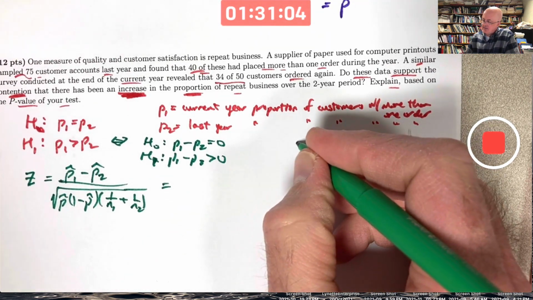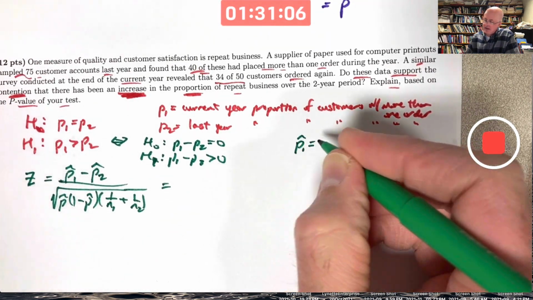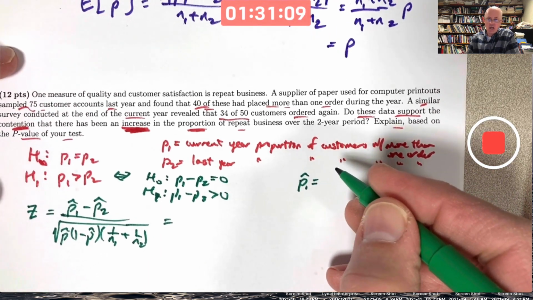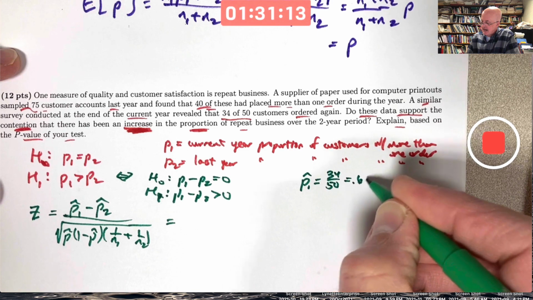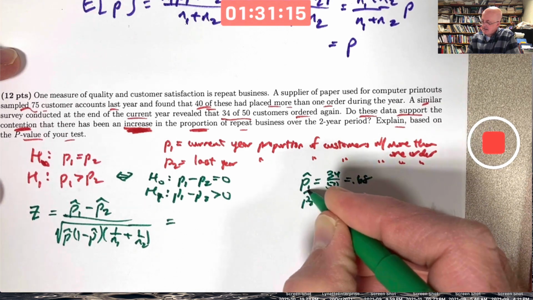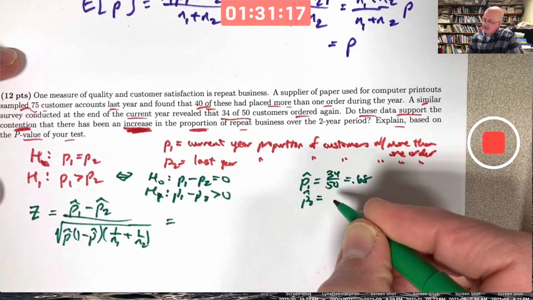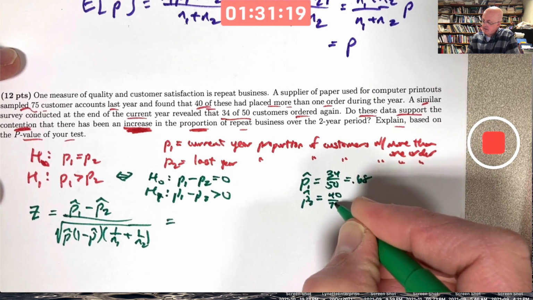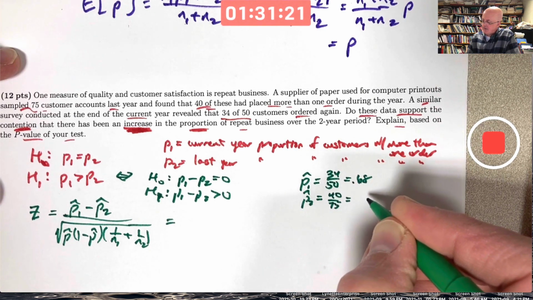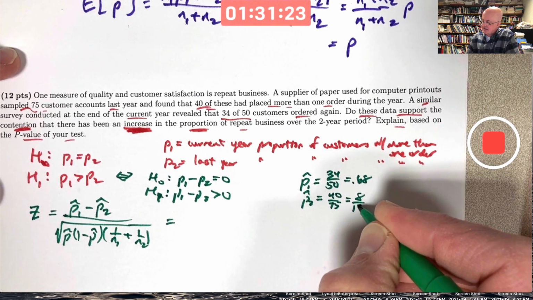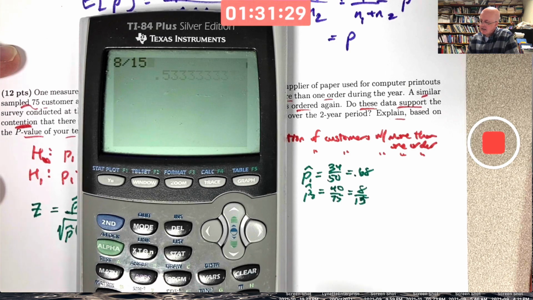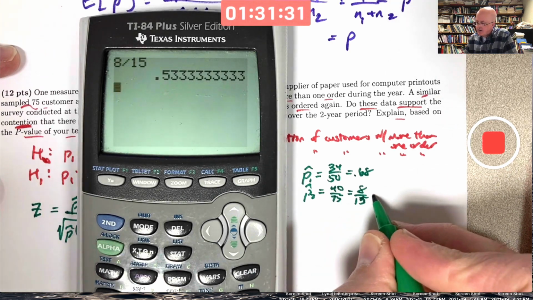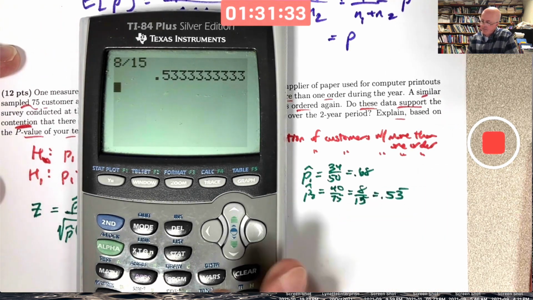So we've got to find these things. P1 hat was the current year, so that's 34 out of 50, which is 0.68. P2 hat is last year, that's 40 out of 75, which is 8 out of 15, and that's not such a nice decimal. 8 divided by 15, oh, I guess it's not too bad, 0.53 repeating.